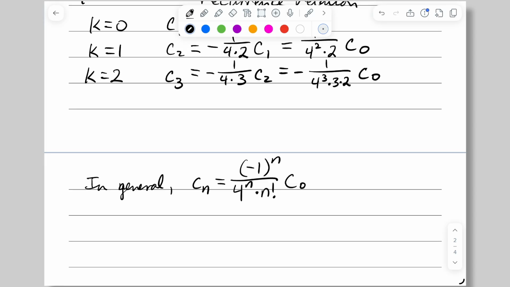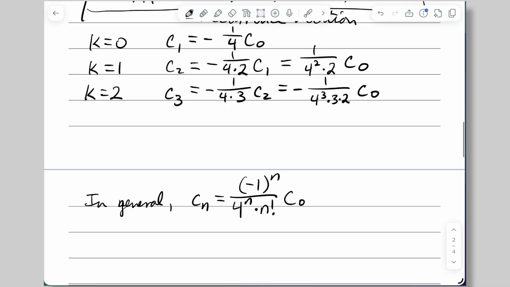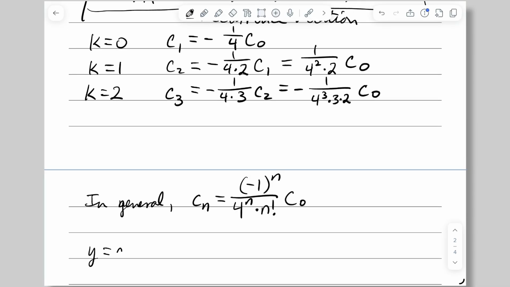Let's put this together now. We said that our power series solution should look like y equals c naught plus c1x plus c2x squared, and so on. And knowing that is more important as the chapter unfolds than being able to write down a general term with an n. So I'm a little bit out of order here.